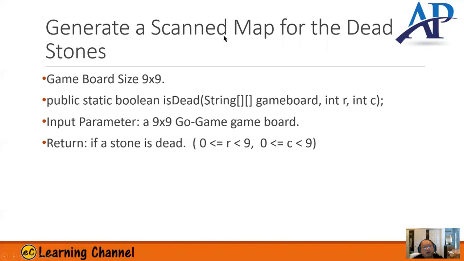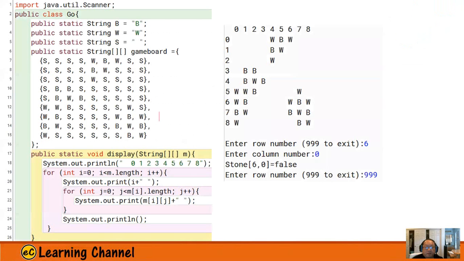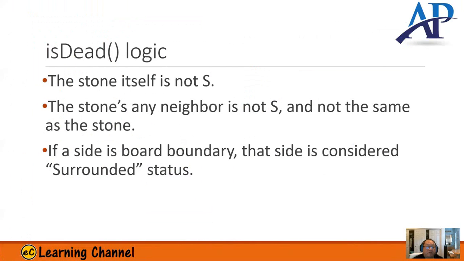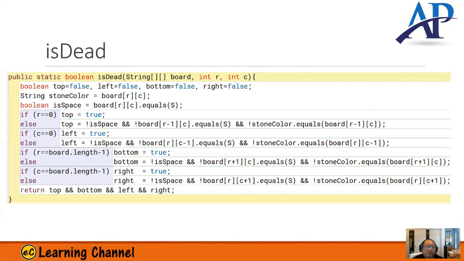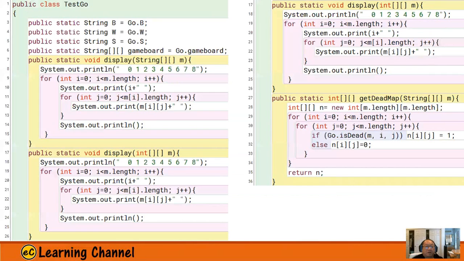So I have to scan the whole board and find out what the dead stones are. So I should traverse through the whole board. So here I have to get the death map.